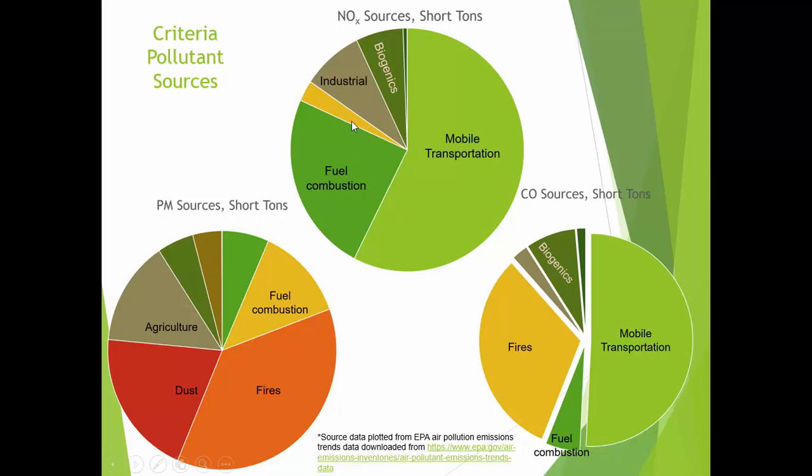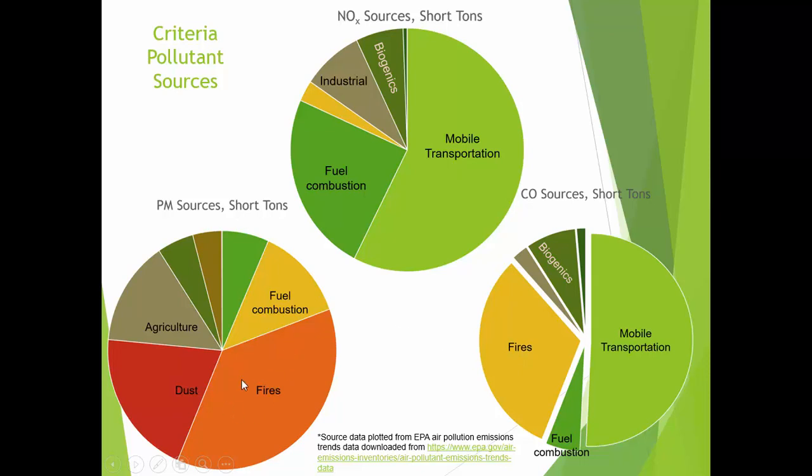So these two together make up most of the pie for NOx. Carbon monoxide, at least half of it's coming from cars and trucks, and then another big source of it is fires. So it depends. If you live in an area that has a lot of forest fires, you're going to have more carbon monoxide going into the air.